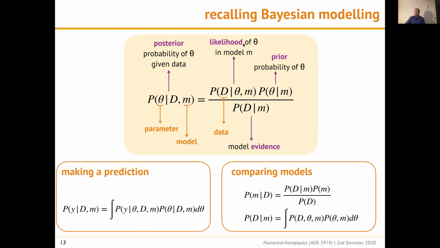Here we have the likelihood of theta in model M. Here we have what we call the prior probability of theta. And at the bottom, in the denominator, we have the model evidence, so the probability of D given the model. So for a given model and a given data, this is the model evidence.